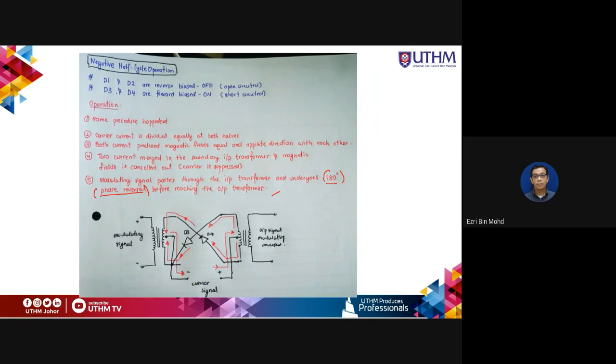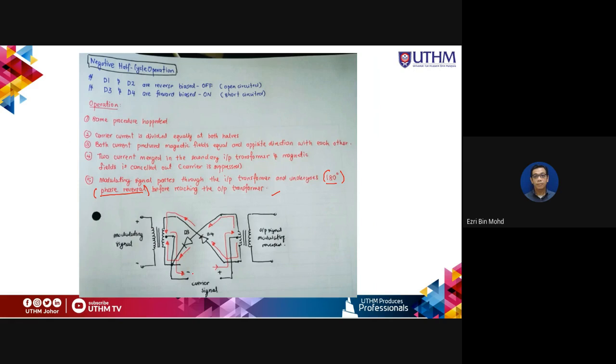Here D1 and D2 are reverse biased, which means D1 and D2 are off, and D3 and D4 are forward biased, which means D3 and D4 are all on, or short circuit. The same procedure happens. The carrier current is divided equally into both halves.